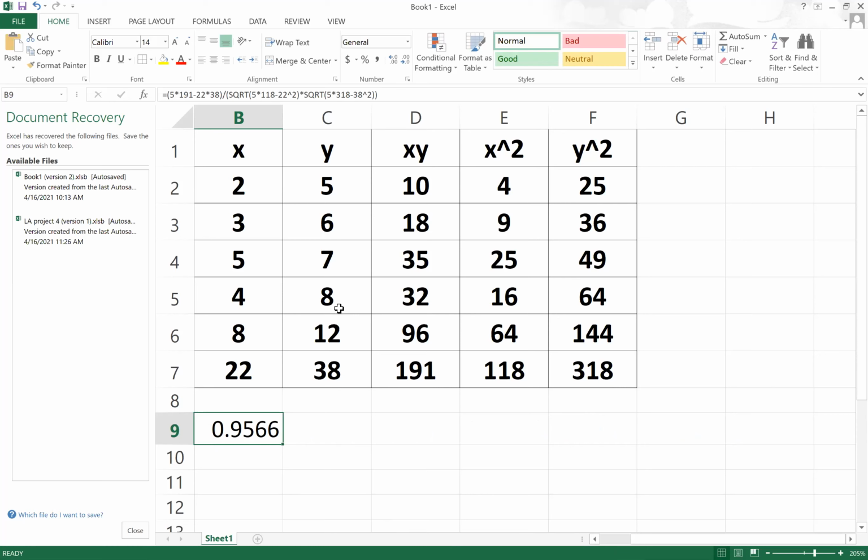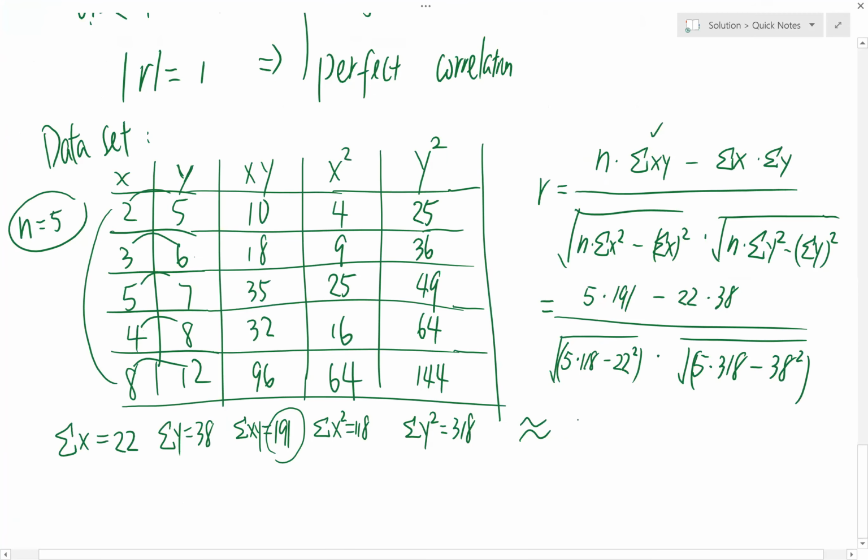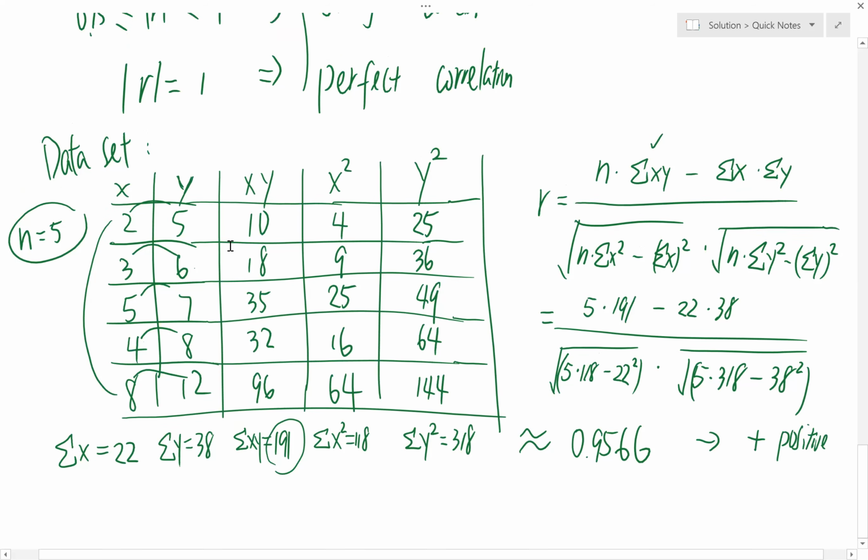Okay, so let's go back a little bit. 0.9566. That's the result we have. Based on this value here, first of all, it's positive, indicating it's a positive correlation or direct relationship between these two variables. Secondly, it's bigger than 0.75.